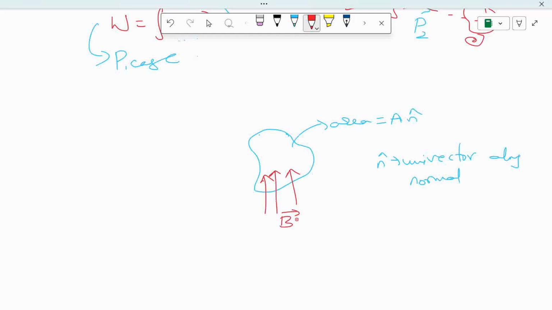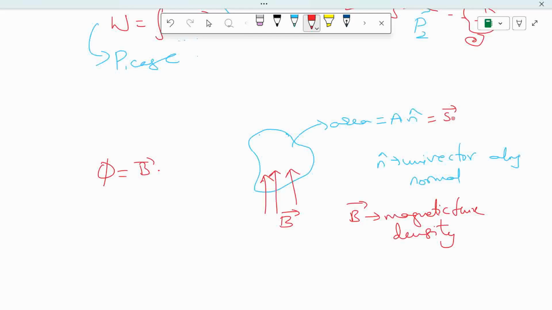Magnetic flux density B bar. So this is just an example. We will understand in depth what magnetic flux density is, etc. Now, in order to calculate the flux here, we have to do the dot product between B bar and, let's give this area as S cap, where S cap is A times n cap.